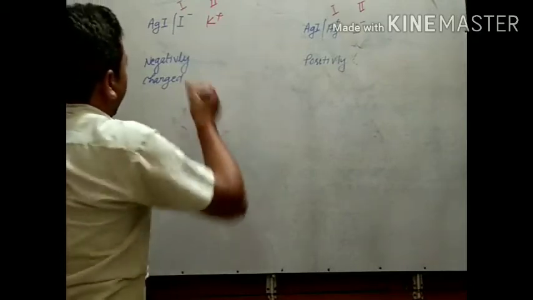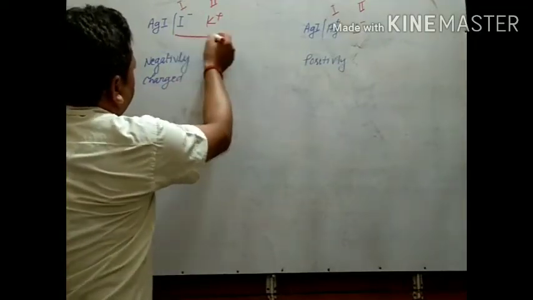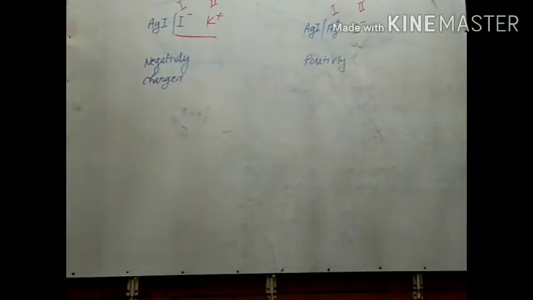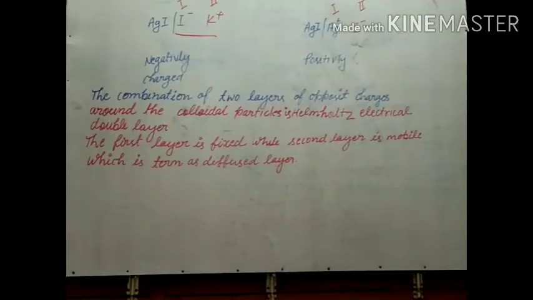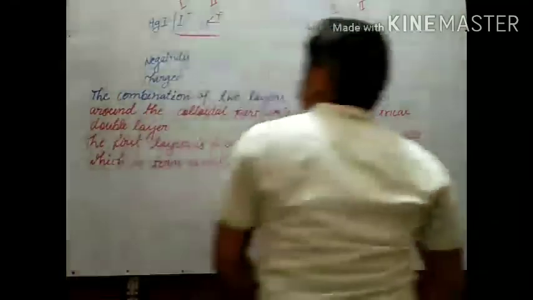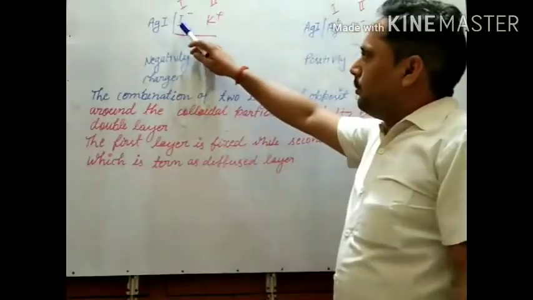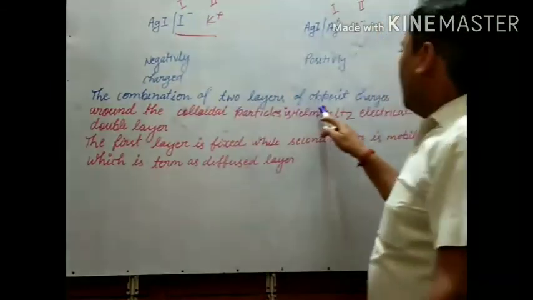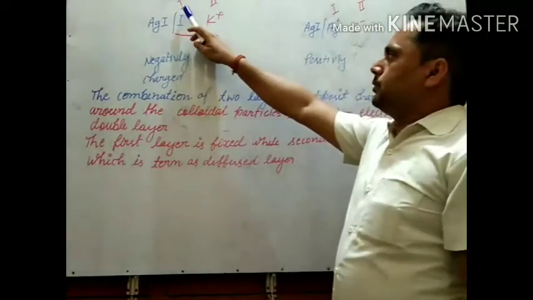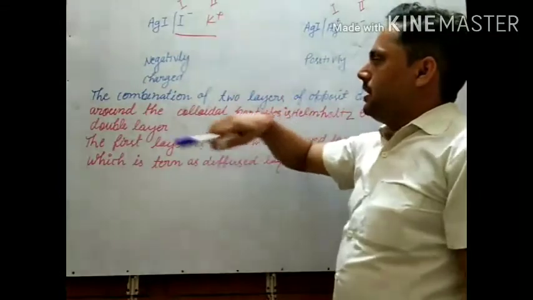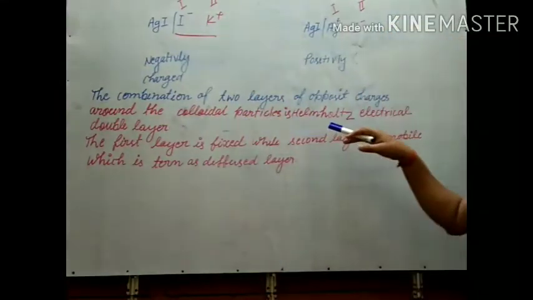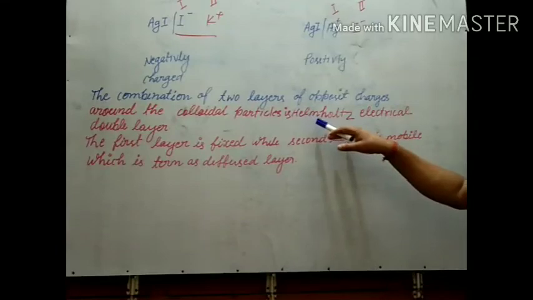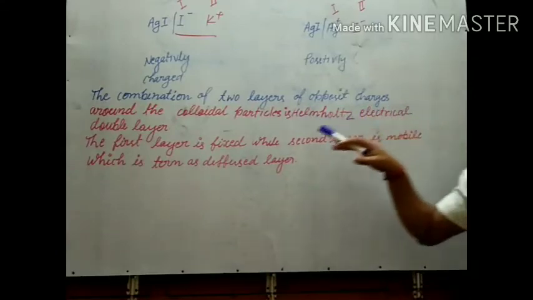Means they are making together what is called electrical double layer. So it may be defined as the combination of two layers of opposite charges around the colloidal particles is called Helmholtz's electrical double layer.